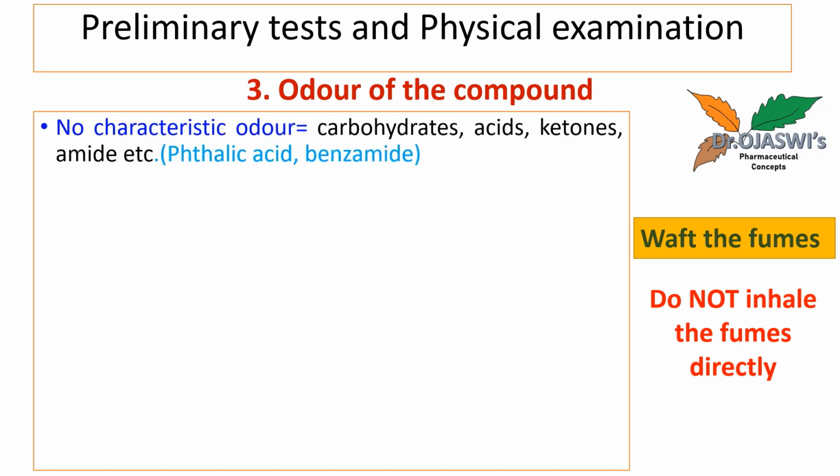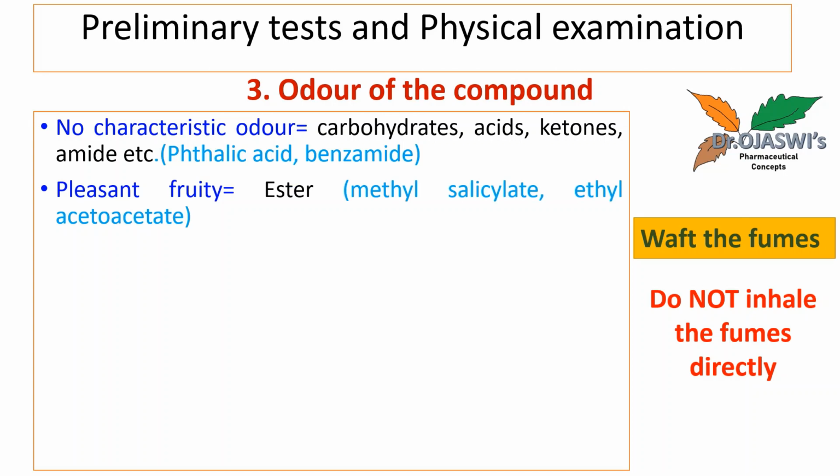Some of the compounds which do not have any characteristic odor could be carbohydrates, acids, ketones and amides. Some compounds have very pleasant fruity smell, and those could be from the category of esters.